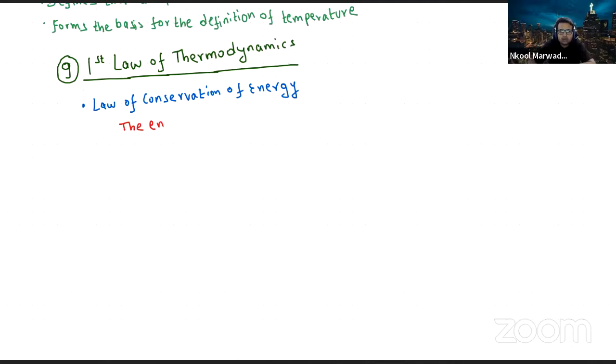So the law of conservation of energy, first law of thermodynamics, says that the energy of an isolated system remains constant.